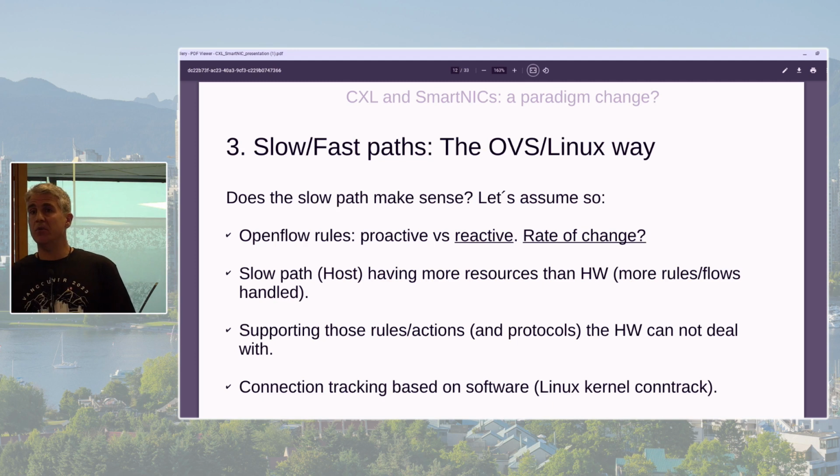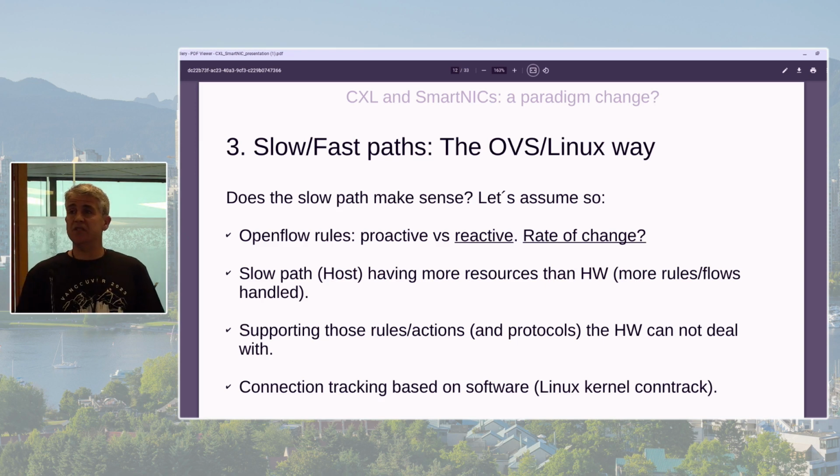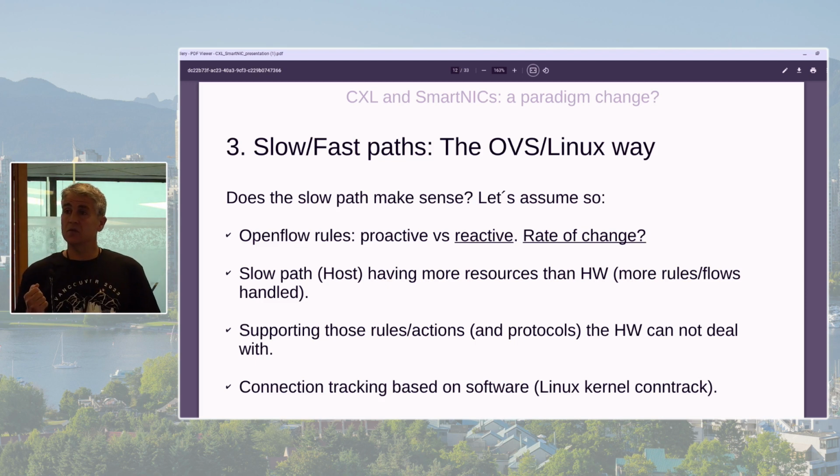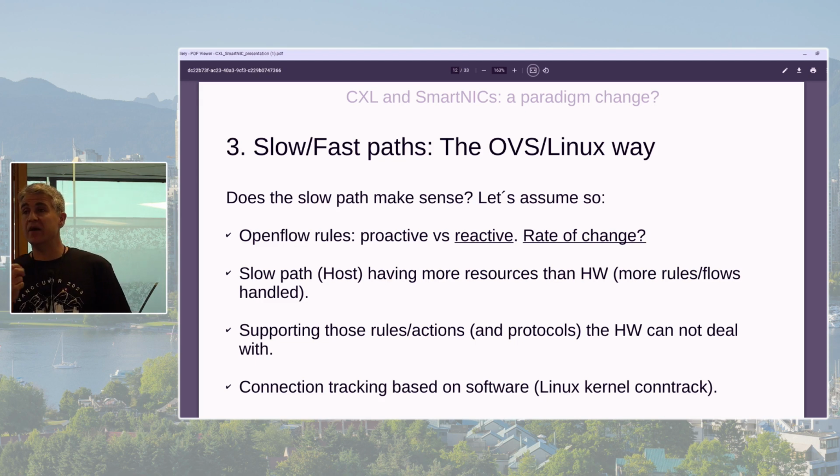But if you're a cloud provider and you need to give this kind of solution, you can't rely on just the proactive thing, right? And the problem is the rate of change. How those rules for matching and action are being installed does matter, okay? Because it's more demanding than what was expected.